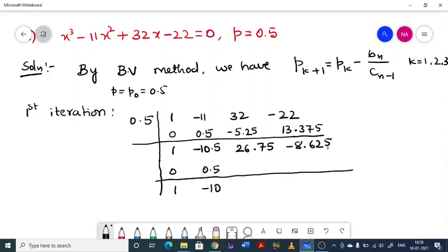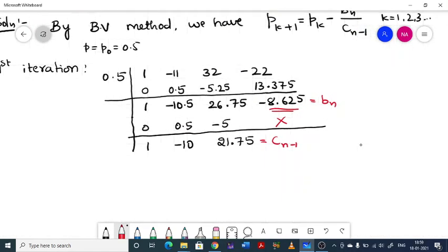So minus 10 into 0.5 you get minus 5, so minus 5 plus 26.75 you get 21.75. This one will be bn and this will be cn minus 1. We don't need to do this again here, this is not necessary.